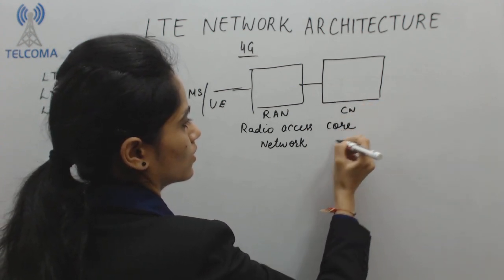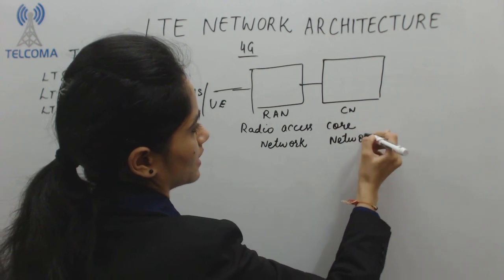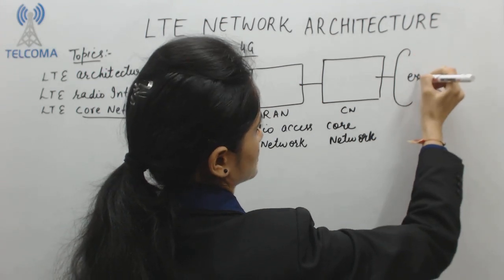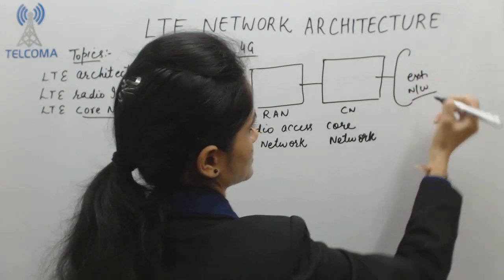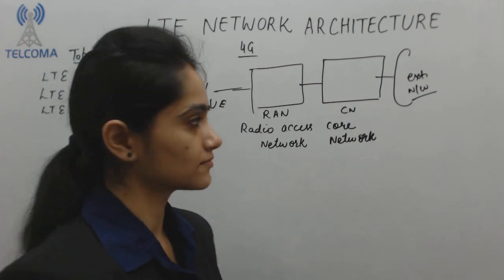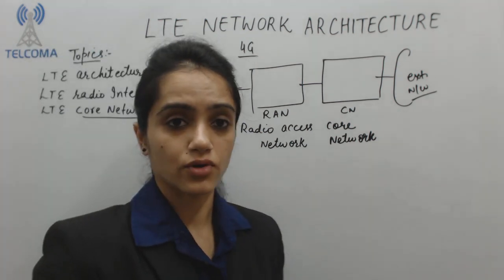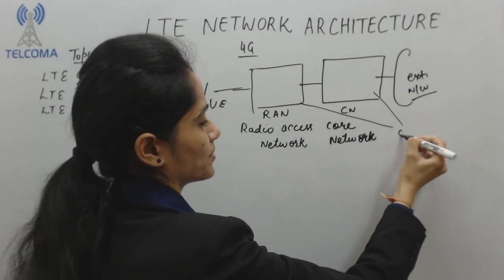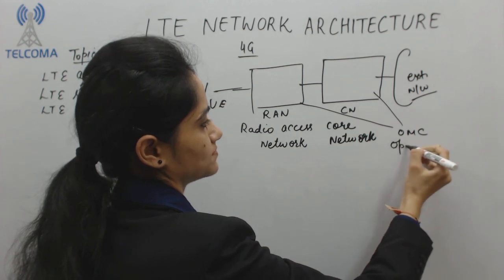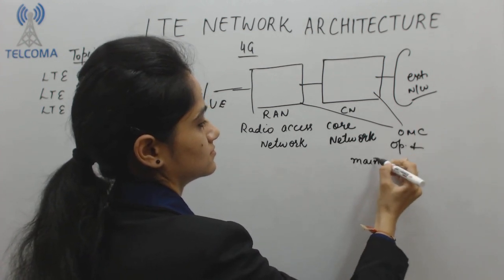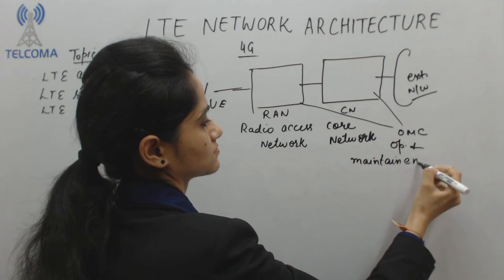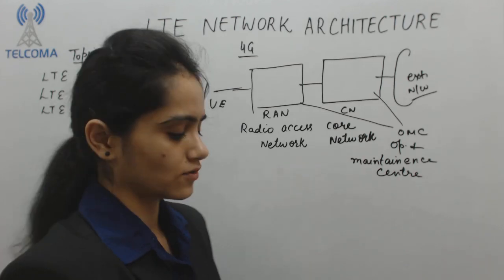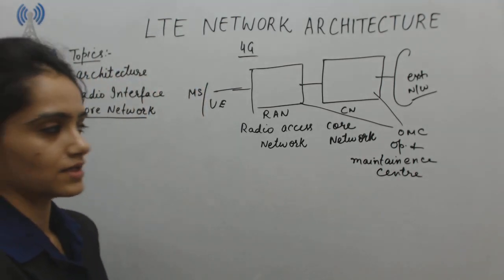CN is the core network, and this core network should be attached to an external network for database access, like for internet access. So these are the basic requirements for any network architecture. Besides this, you want an operation and maintenance center also.